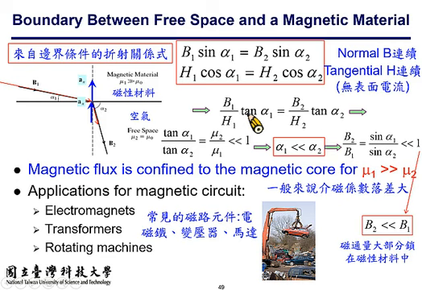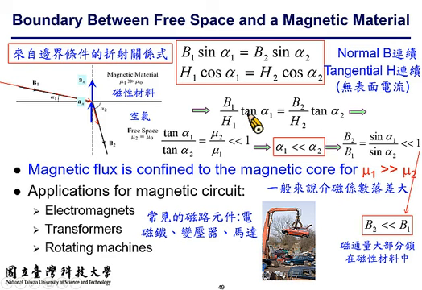Here is an example. In this place, you have two media. One is free space, air, down below. The material above is a magnetic material.